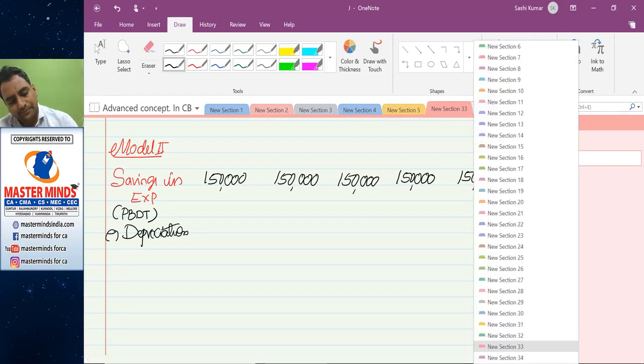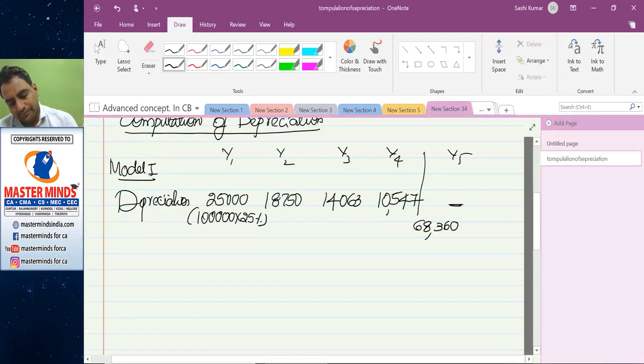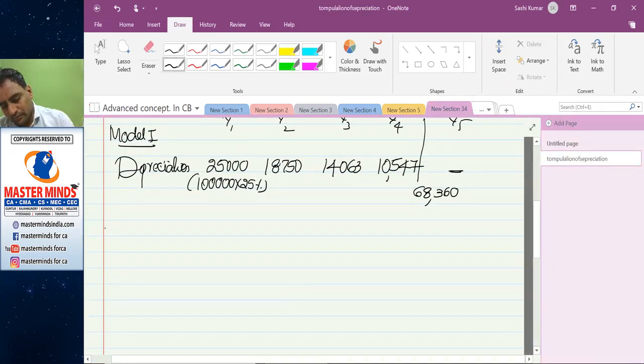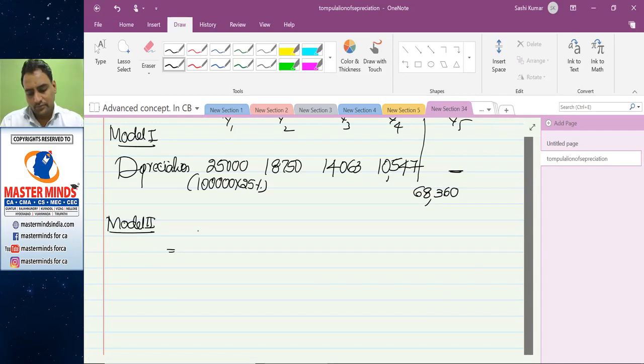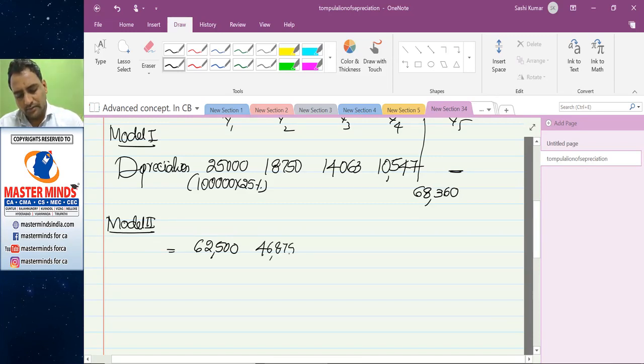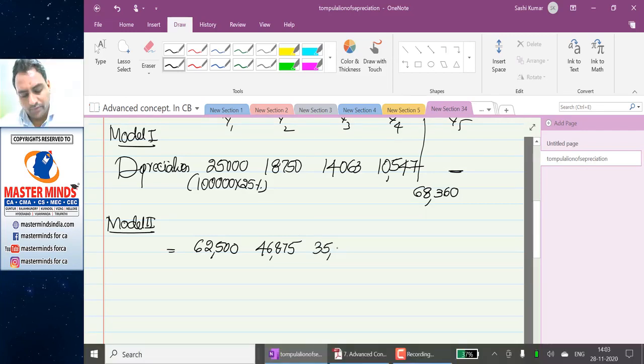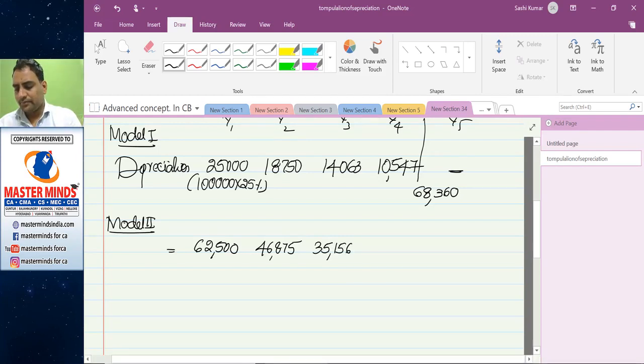Less depreciation. So model 2 here. Cost of 2,50,000 into 25%, 62,500 is the first year depreciation. 46,875 is the second year depreciation. 35,156 is the third year depreciation. 26,367 is the fourth year depreciation.